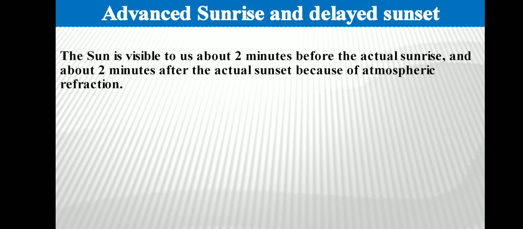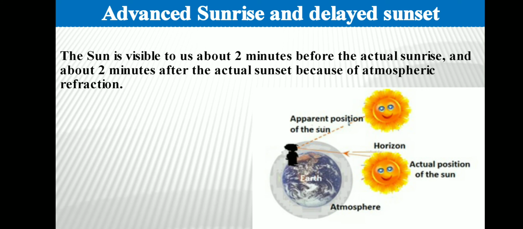Now the next topic, that is advanced sunrise and delayed sunset. The sun is visible to us about 2 minutes before the actual sunrise.